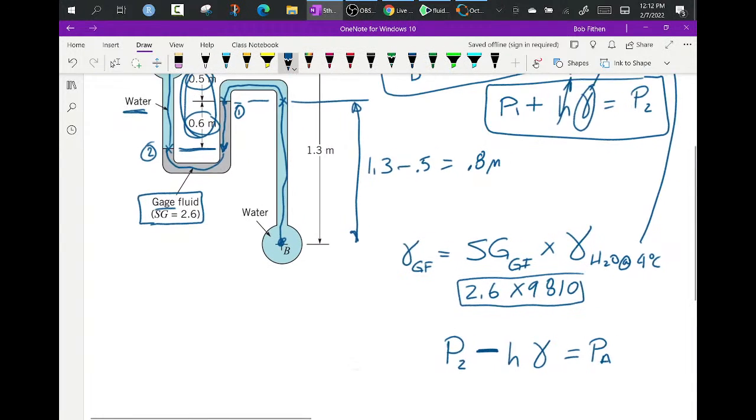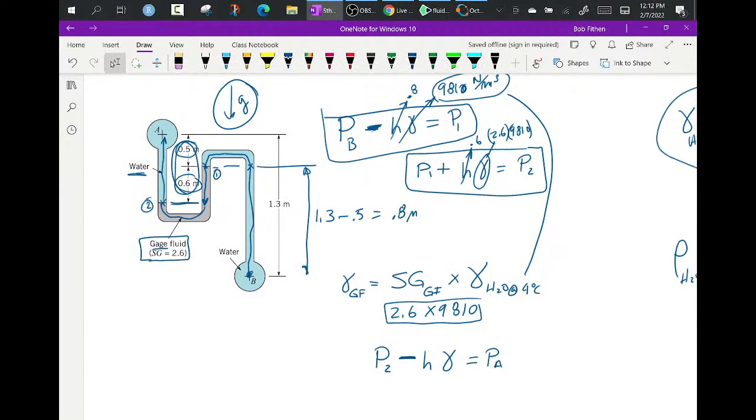Now, really what I should do to be proper is let me fix this up a little bit. Okay. So I'm going to call this H1. I'm going to call this gamma 1. So actually, it should be H1 and gamma 1. Now, there of course is still 1 and here's 2.